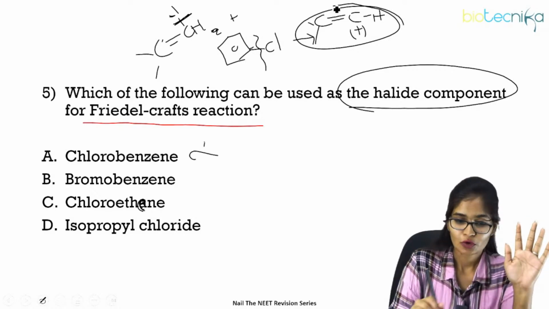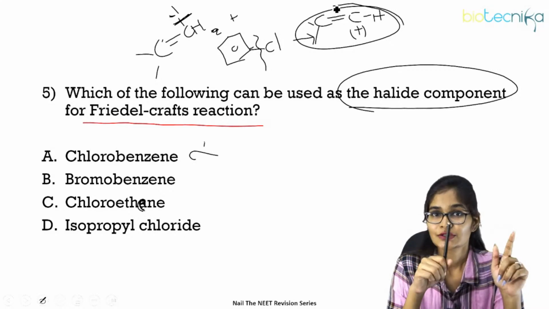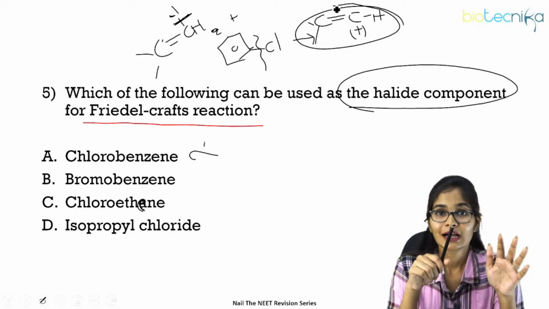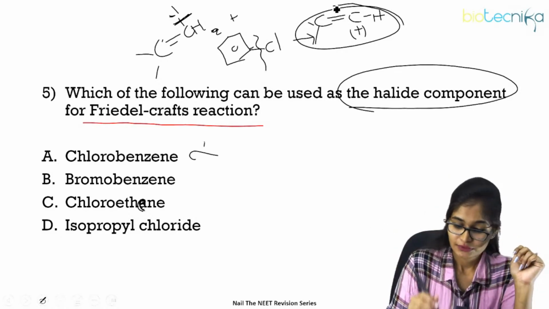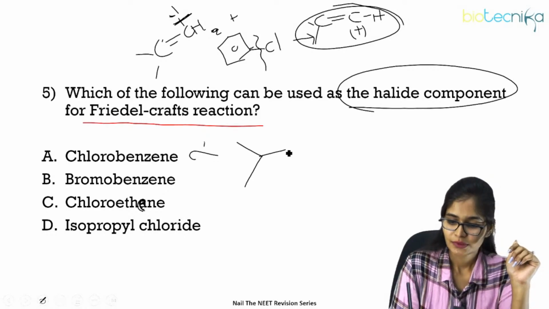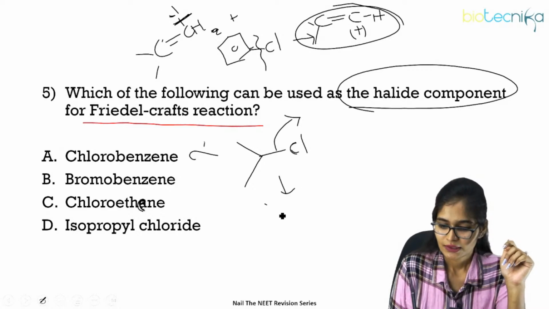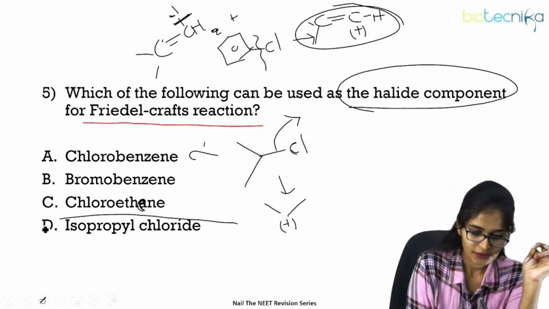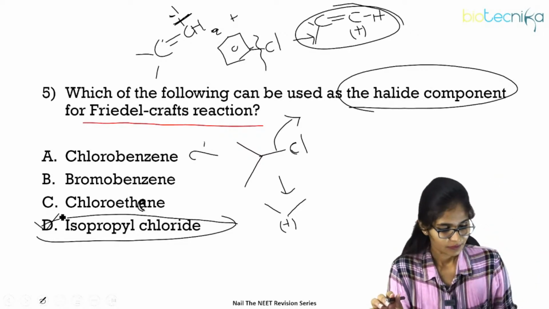If you consider isopropyl chloride, whenever you check carbocation stability with respect to saturated and unsaturated ones, overall the alkyl carbocations are more stable, right? So isopropyl chloride will be CH3 twice CHCl. If you break this, you are getting CH3 twice C carrying a positive charge, which is more stable compared to the other carbocations, right? So option D has to be correct here.